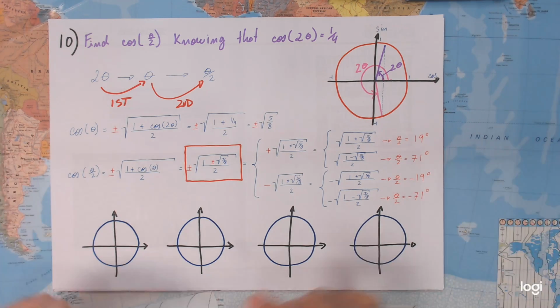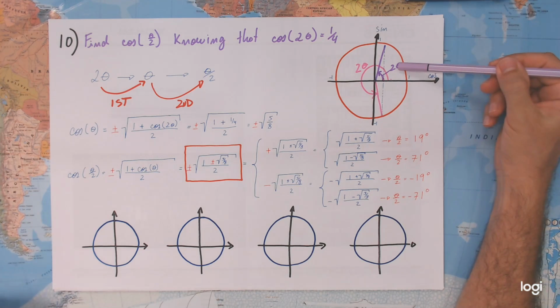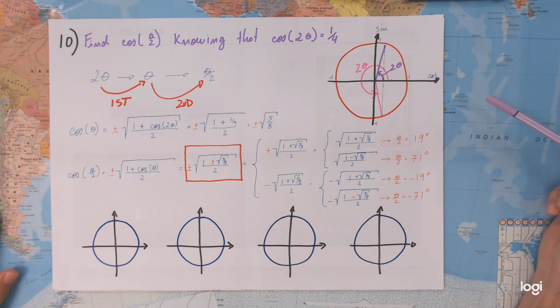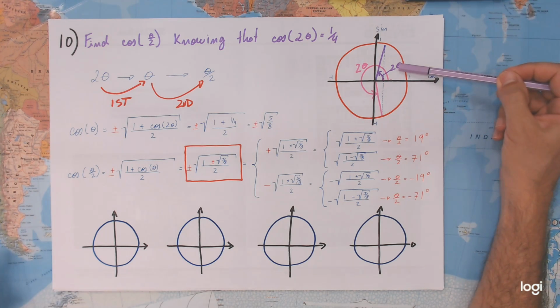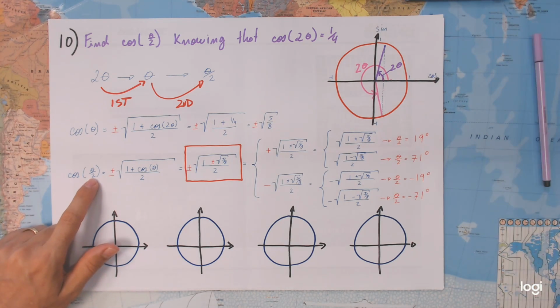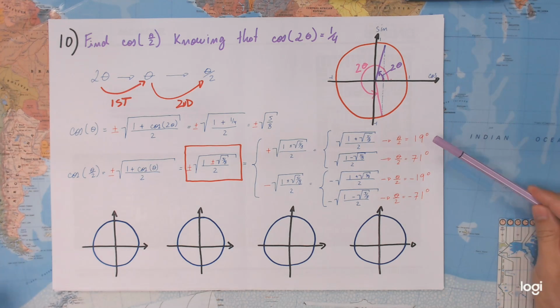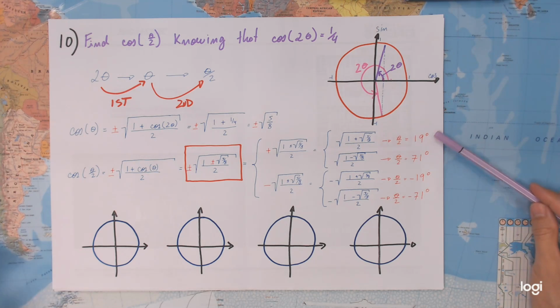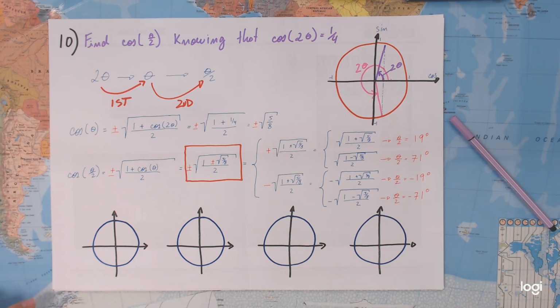Let's start with when 2 theta is less than 90 degrees. When 2 theta is less than 90 degrees, it means that theta over 2 is going to be 19 degrees. Okay, because if you take 19 and multiply by 4, we're going to have 76.